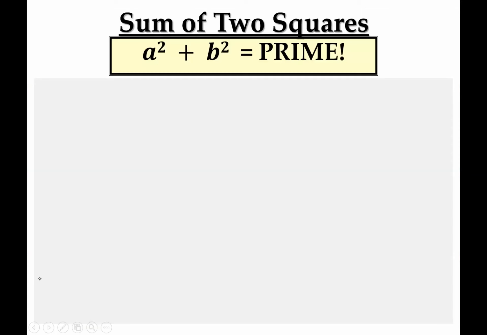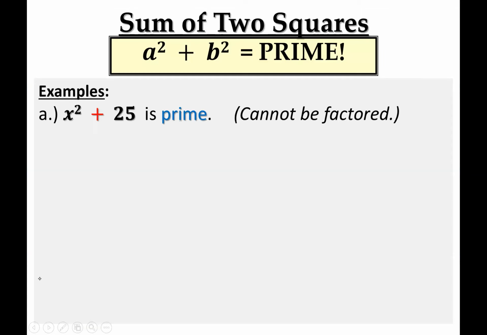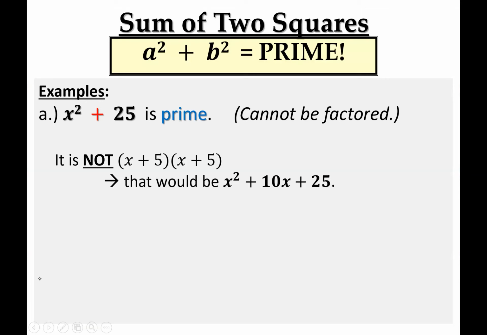All right, the next slide is almost like a warning. When you have two terms that are both perfect squares and they're being added, those are not factorable.